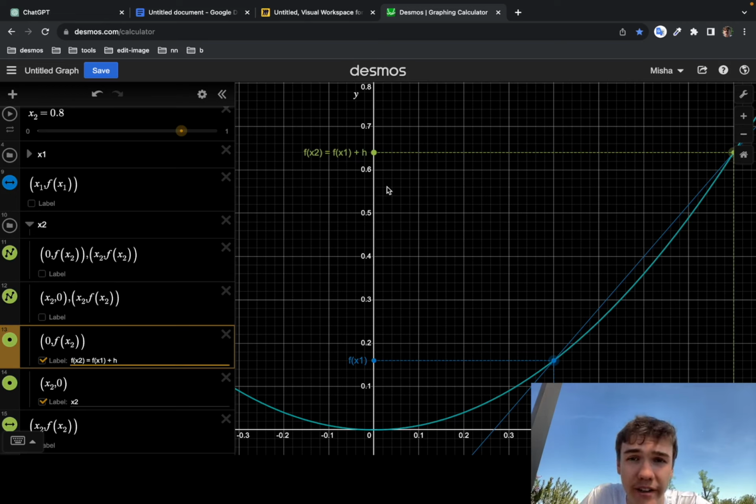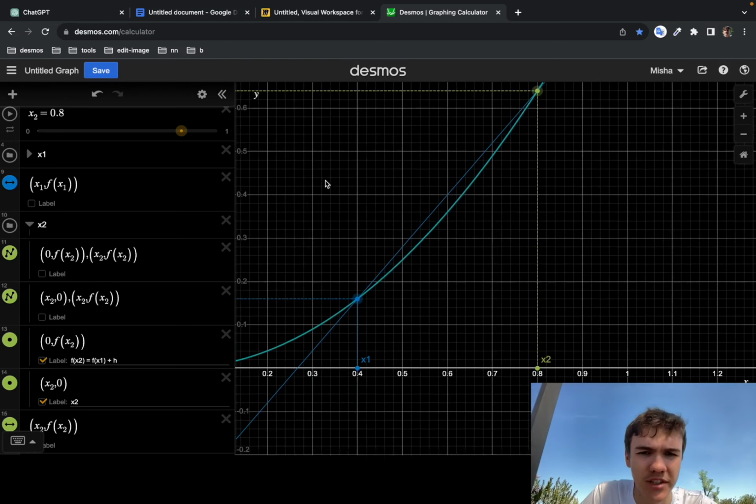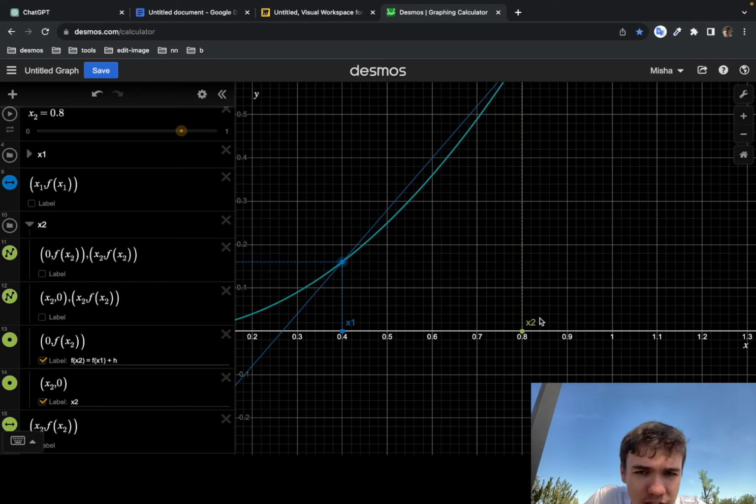And I'll be correct, because f of x2 is exactly what I wrote here, f of x1 plus h, the distance between them. What about the x2? It's exactly the same thing.